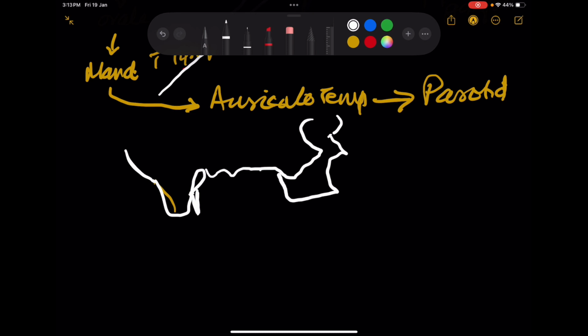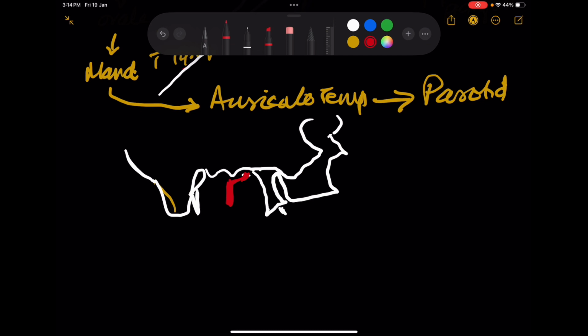Here is the posterior part of the maxilla, and here you see the lateral pterygoid plate. The medial pterygoid plate is medial. So this nerve, somewhere here is the foramen lacerum. So the internal carotid artery enters the carotid canal, then passes like this and then enters through the foramen lacerum.